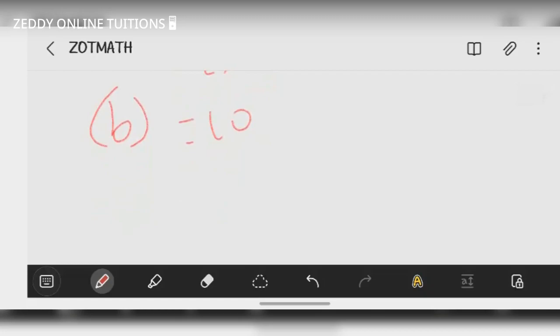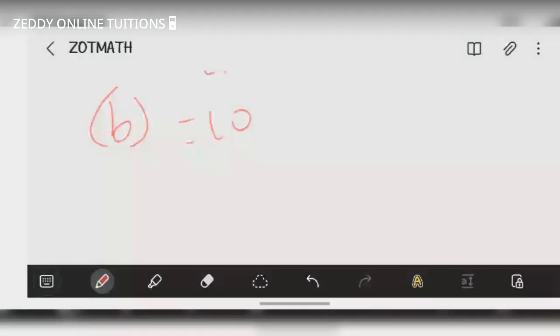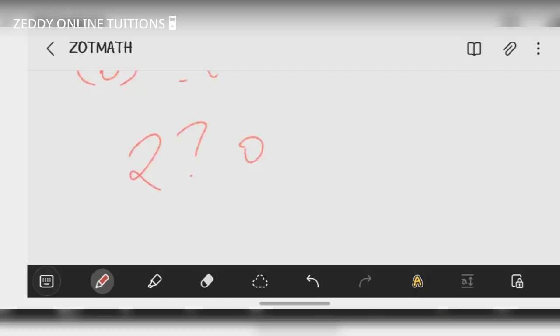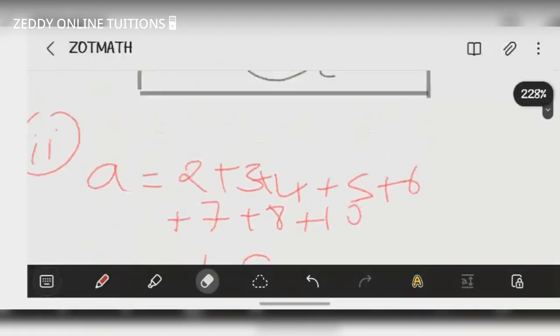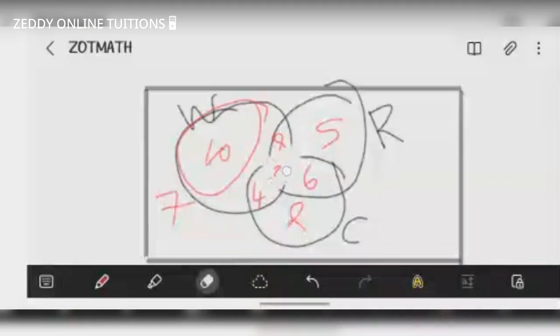Next, how many people like two different activities only? That is the next question that they ask, right? Two different activities only. You understand what they mean when they say only? So you just go to your Venn diagram and then you pick only two. So we are not going to include the three. We are going to exclude this one.